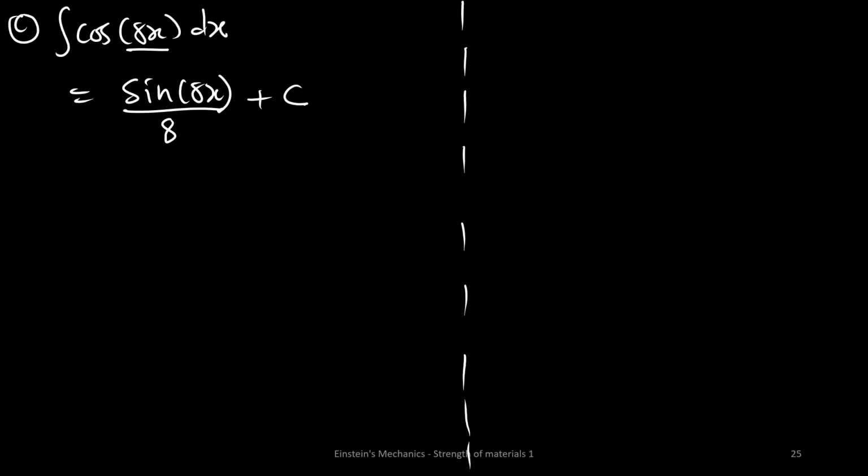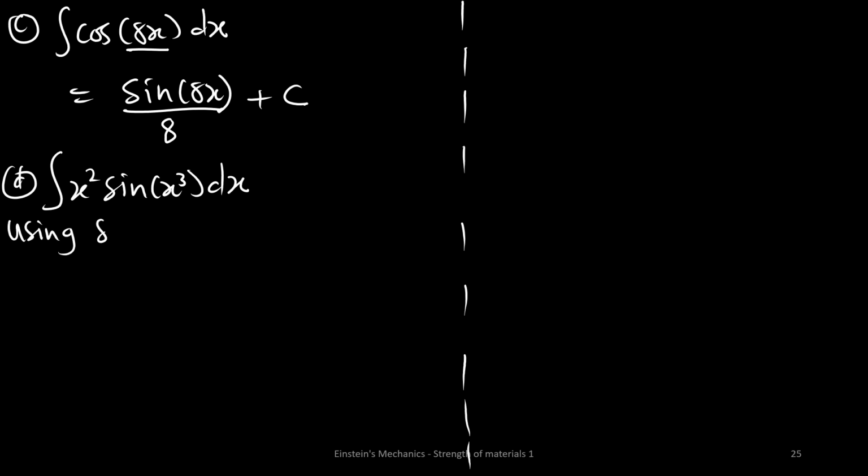The D part says we should find the integral of x squared sine x cubed dx. So when we look at this, we can solve this problem by using substitution. So using substitution, I can say let my u be equal to the angle, which is x cubed.